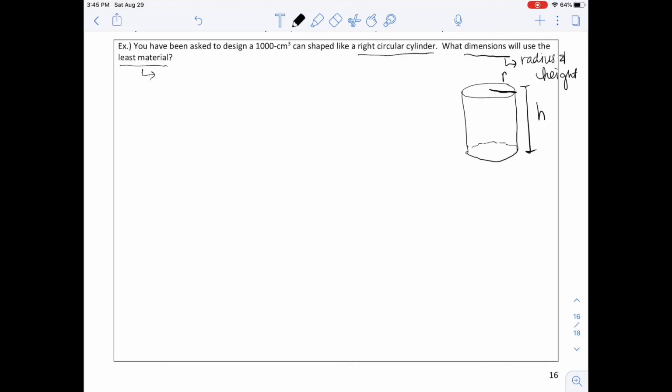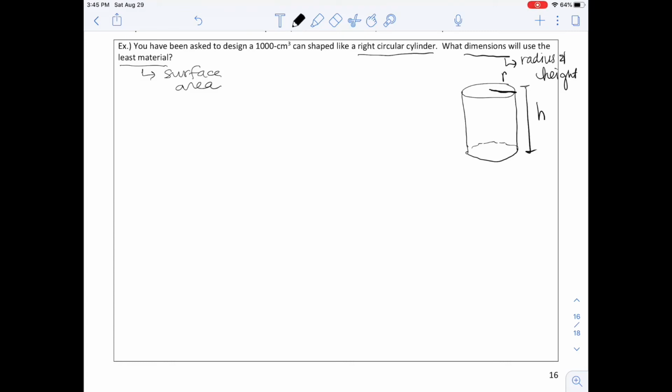So if you're going into any kind of business that deals with manufacturing of certain containers, you would definitely need to be able to do this kind of stuff. And this is using surface area. So the surface area is pretty much like if you were to wrap this can, what material you would need with it. And you want to minimize that, the least amount of material.